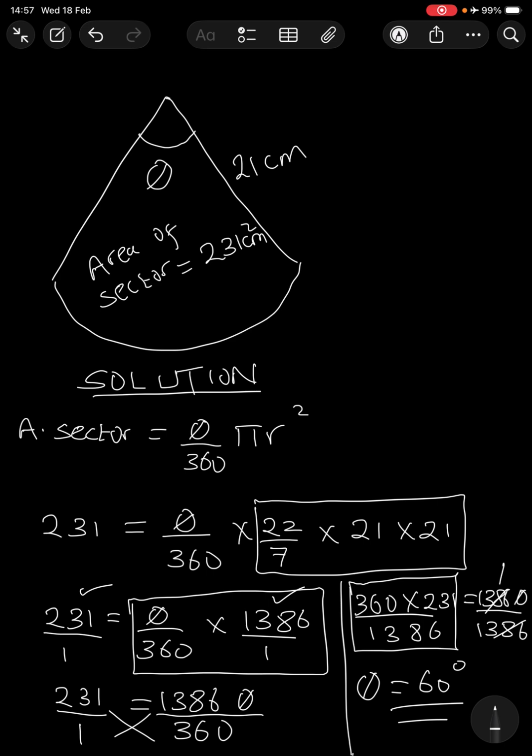Then you solve this part, 22 over 7 times 21 times 21, which is 1386. After getting that, you convert the whole number to a fraction by dividing it by 1. So you write it over 1. Then you cross multiply, and you get the value of theta.